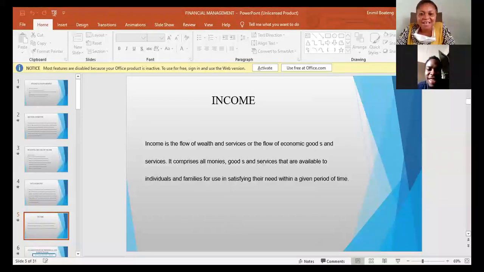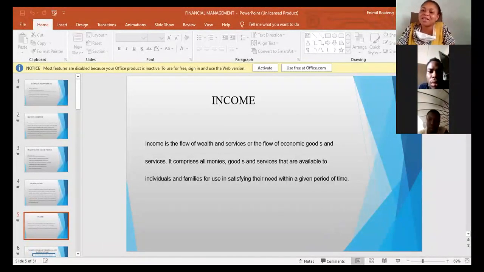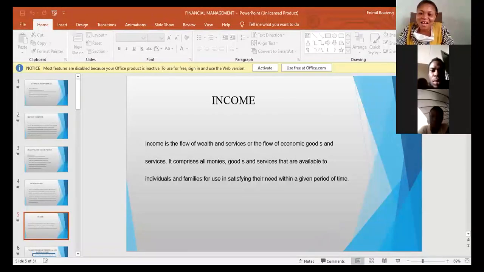Income, we will say, is the flow of wealth or economic goods and services. This comprises all monies, goods, and services that are available to individuals and families for use in satisfying their needs within a given period. So income is not only restricted to cash. There are other assets that you can call income.